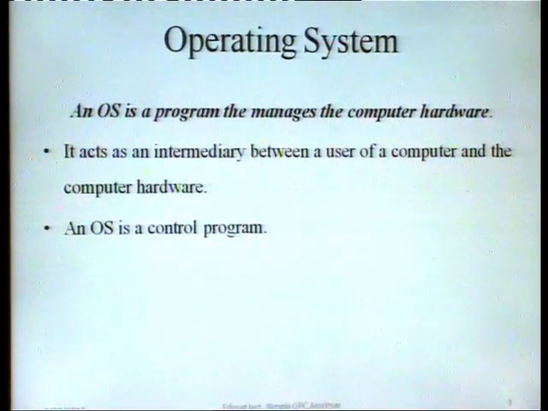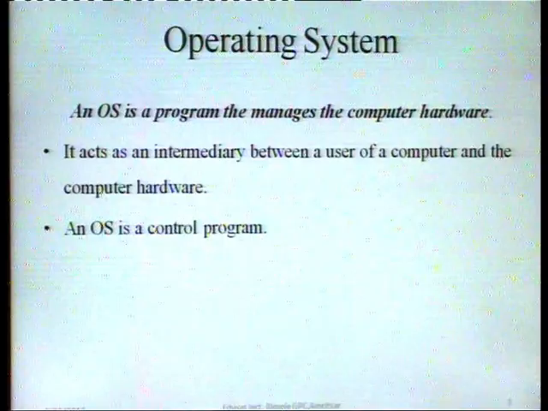Before going to the functions of operating system, firstly we should know what an operating system is. An operating system is a program that manages the computer hardware. That means it is a master program that controls and manages all hardware devices like input output devices.